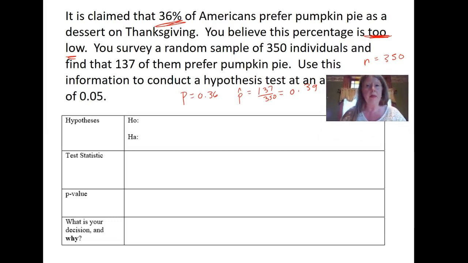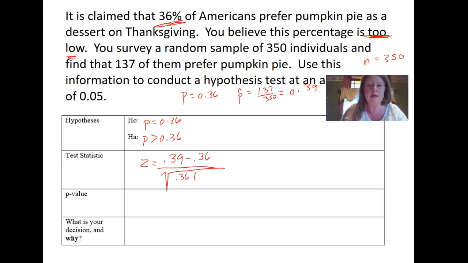So again, what are our hypotheses going to be? The null is p equals 0.36, and the alternative is p greater than 0.36. Hopefully this is matching what you're thinking about in terms of how to solve the problem. I'm going to leave out a few things here, but if you're not sure how I'm getting certain numbers, please ask me and I'll let you know. But I'm just plugging things into my test statistic formula for proportions.